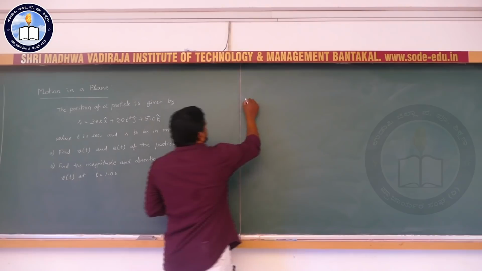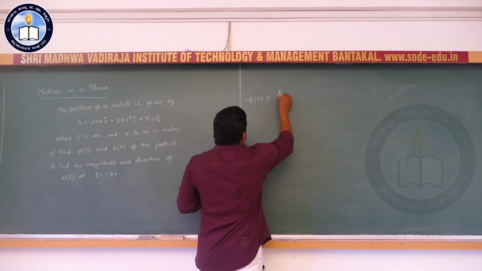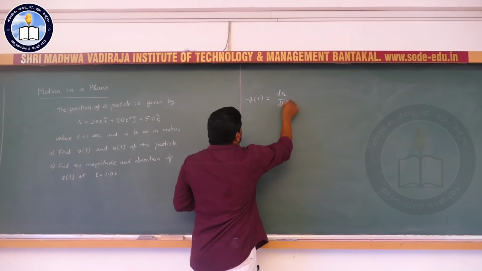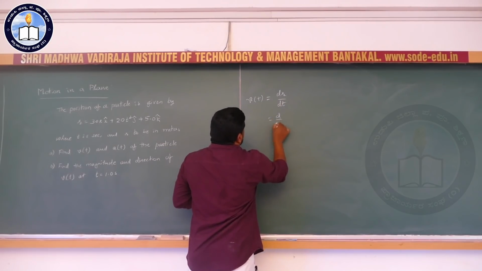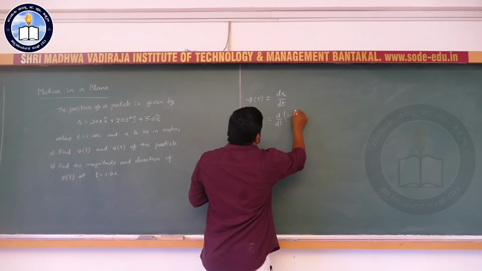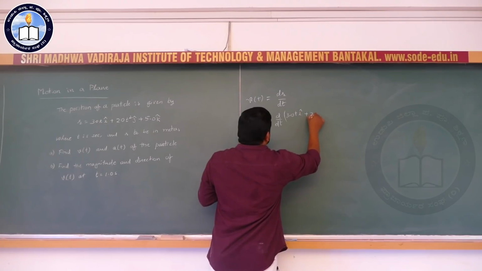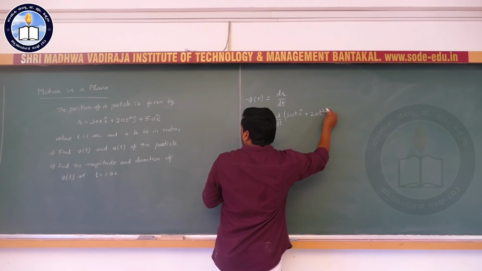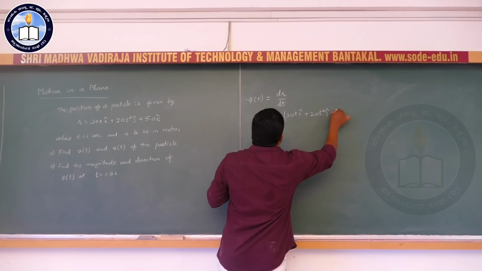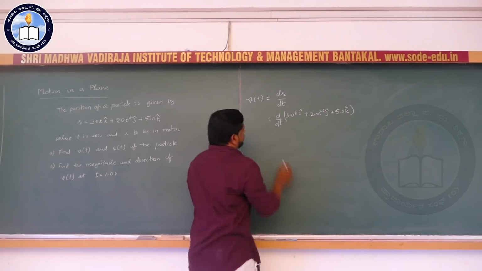We know that v as a function of time is equal to dr by dt. So d by dt of r, which is 3.0 t i cap plus 2.0 t square j cap plus 5.0 k cap.